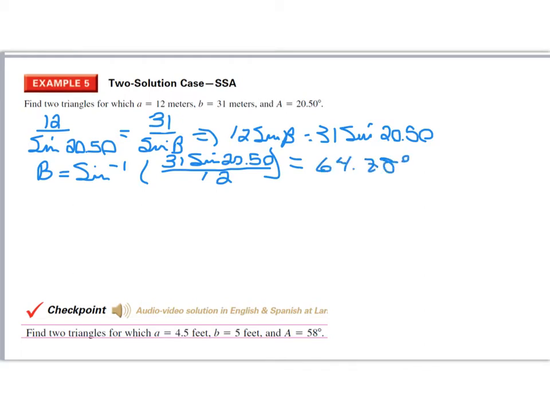64.78 degrees. Now if you subtract those two from 180, we've got C is equal to 180 minus 64.78 minus 20.50. So now we got C is 94.72.